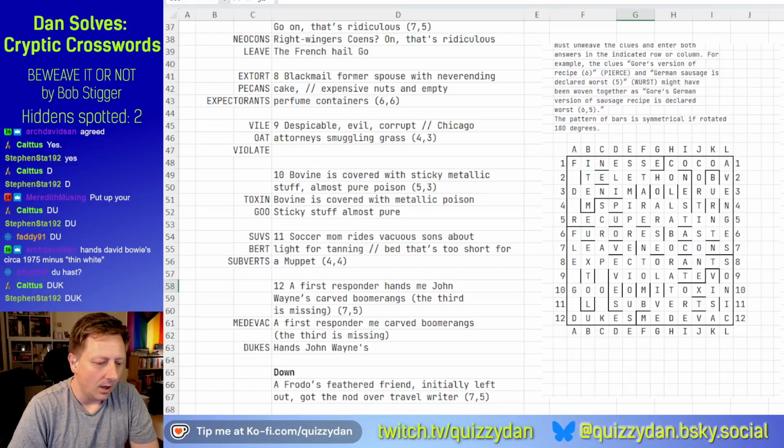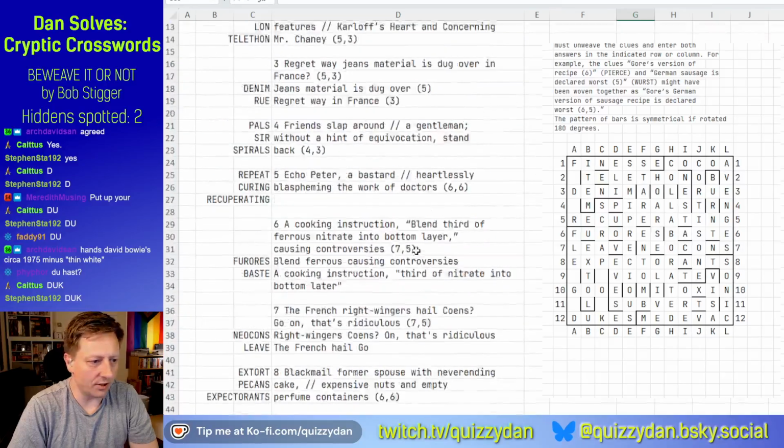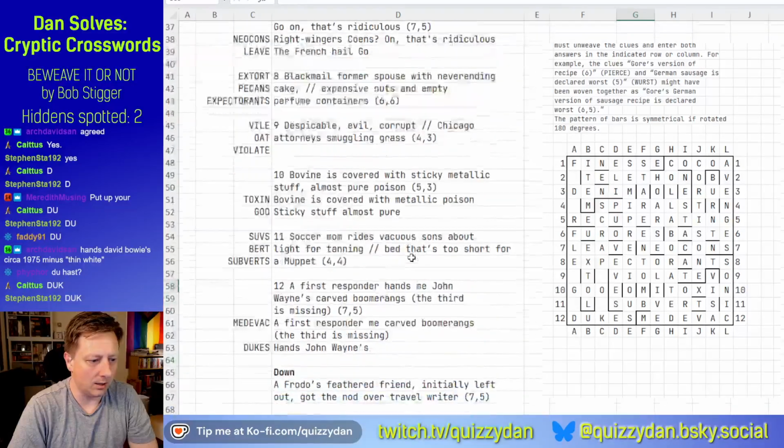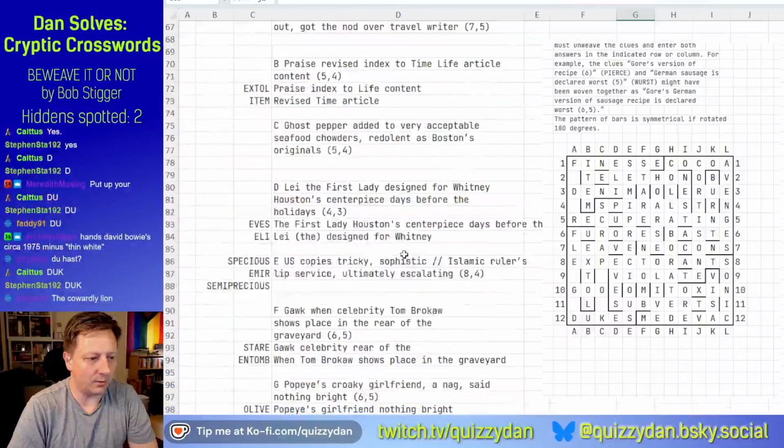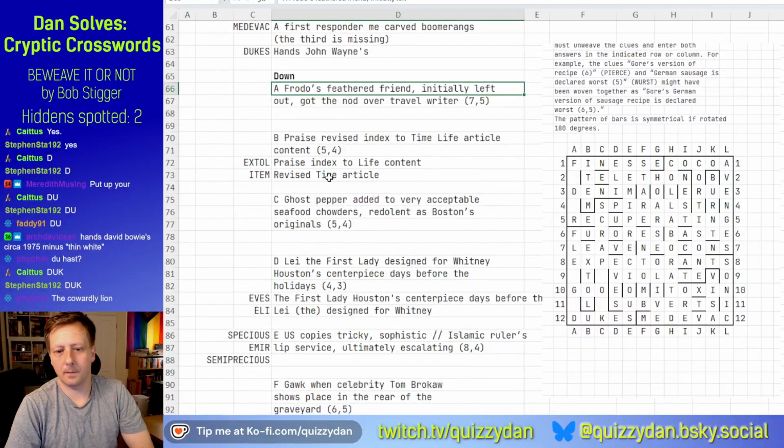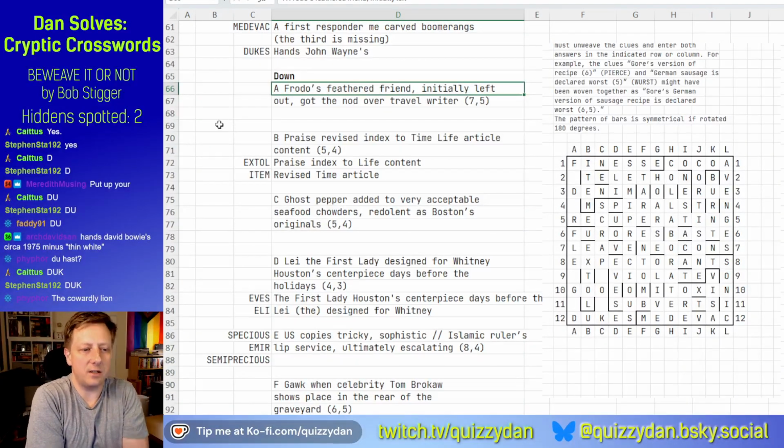There we go. Cool. So that's all the acrosses now done. He says just going for a quick check. Yeah, and let's do final pass of the downs then. Frodo's feathered friend initially left out got the nod over travel writer.